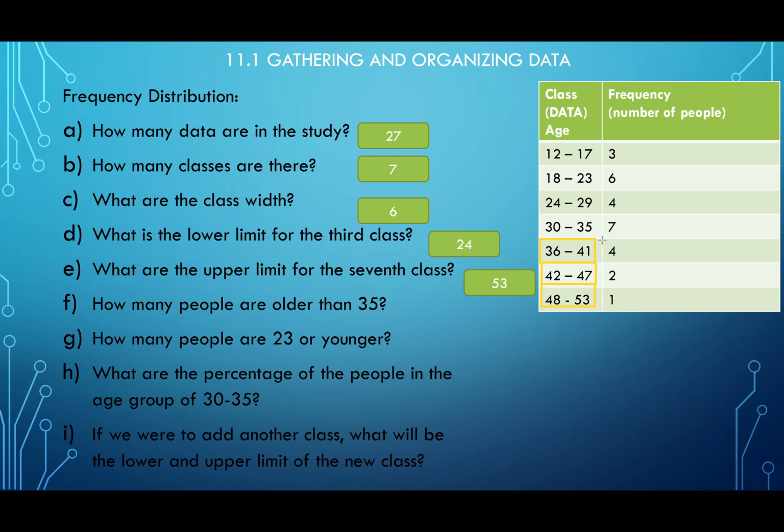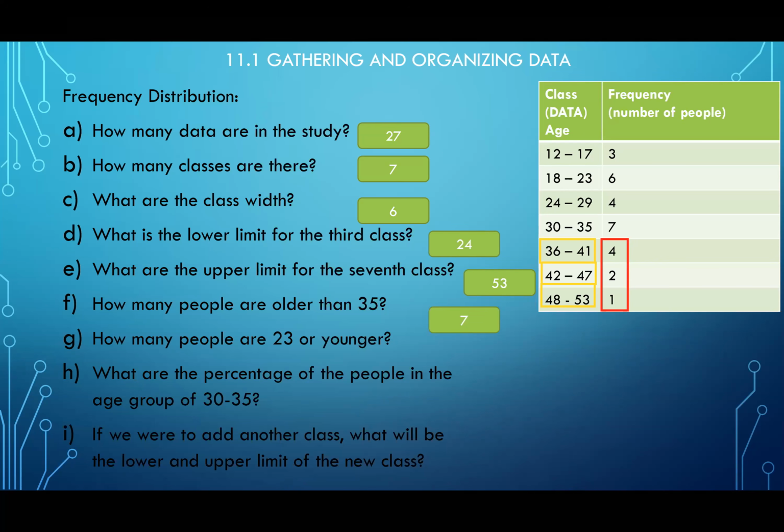So how many data is that? We have 4 people in this age group, 2 people in this age group, and 1 person in this age group. If you add the 4, the 2, and the 1, you can see that there are 7 people older than 35 years old.